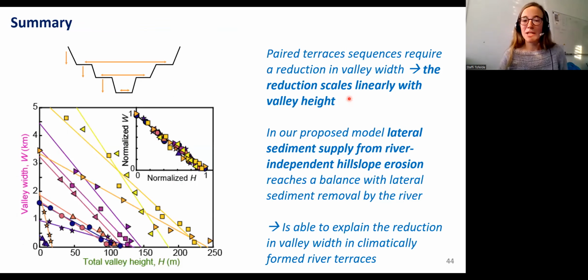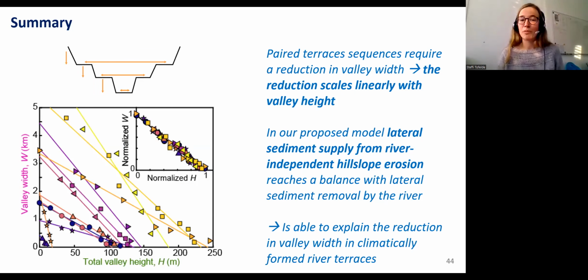Okay, so to sum up, paired terrace sequences require that valley width reduces with time. And we have observed at these different field sites that this reduction seems to scale linearly with valley height. So in order to explain this observation, we're proposing a new, or adjusted, model.